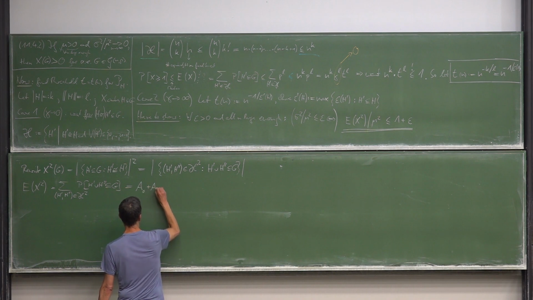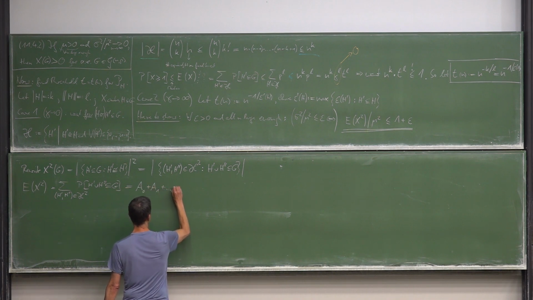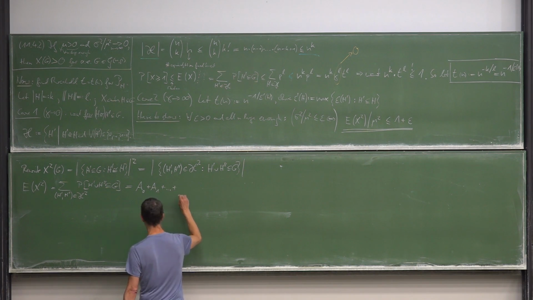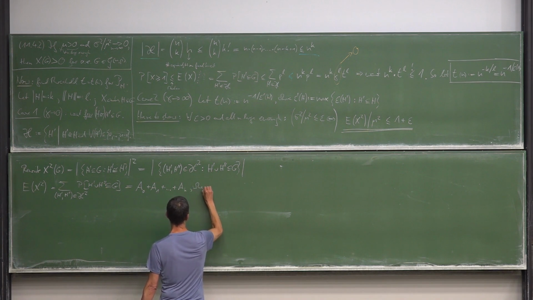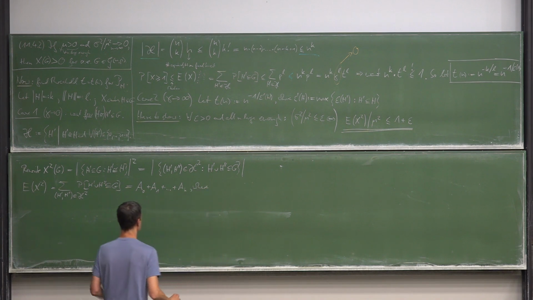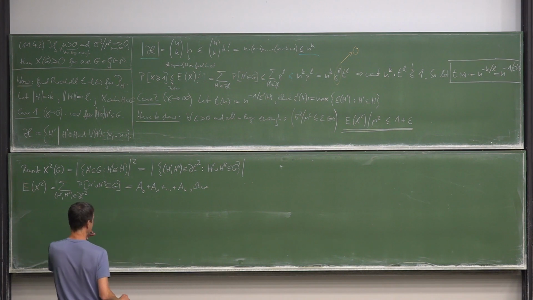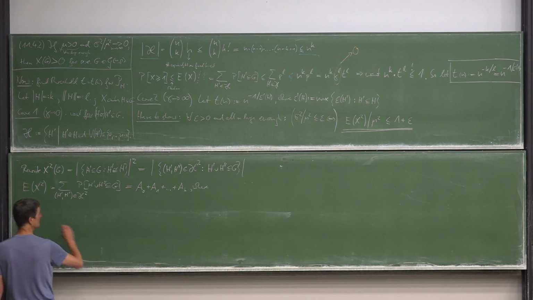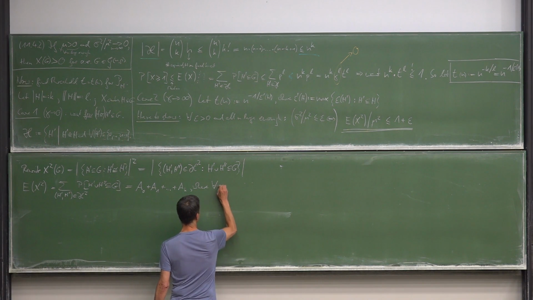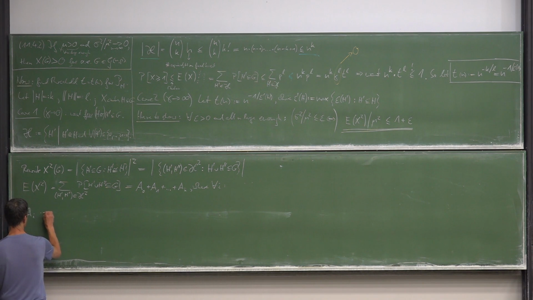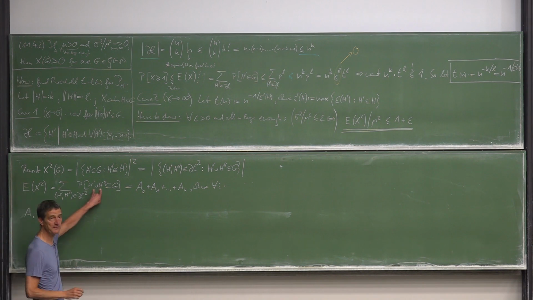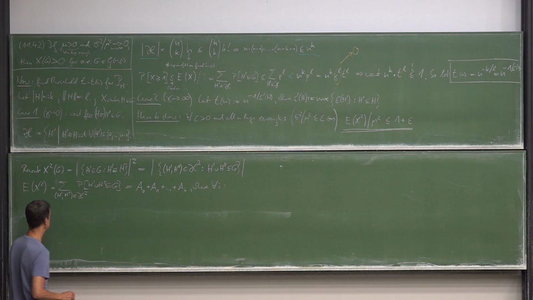A0 plus A1 plus ... AK, where AI is this relevant sum with H and H prime meeting in exactly I vertices.